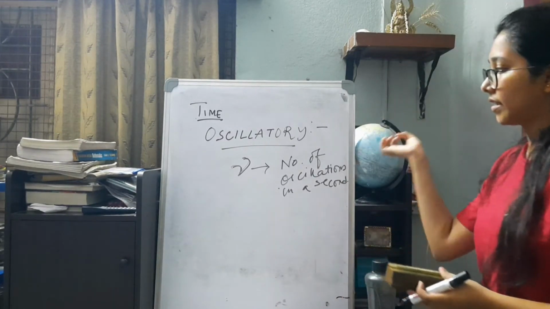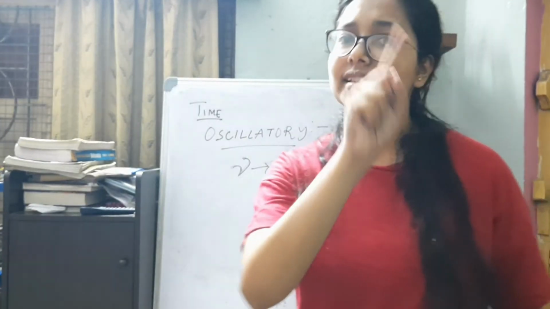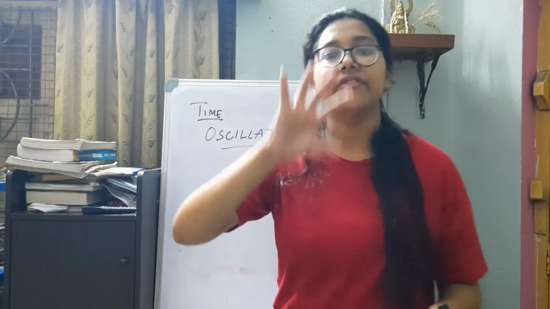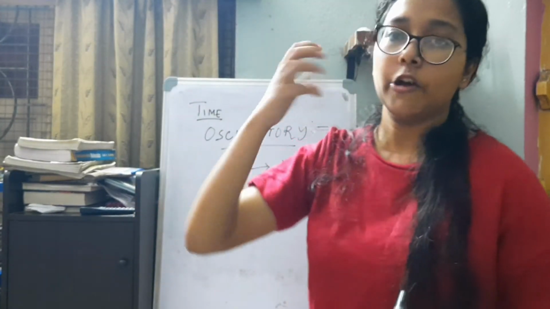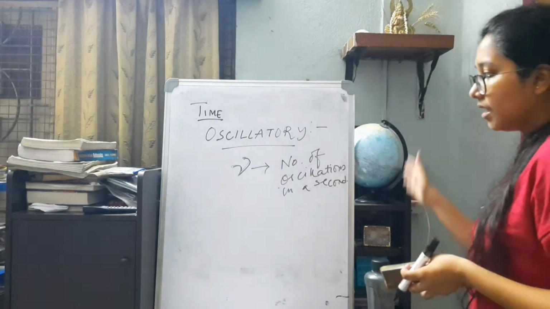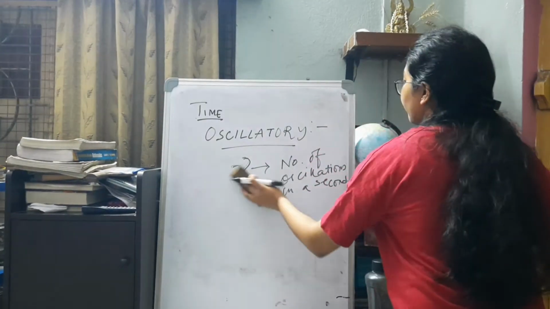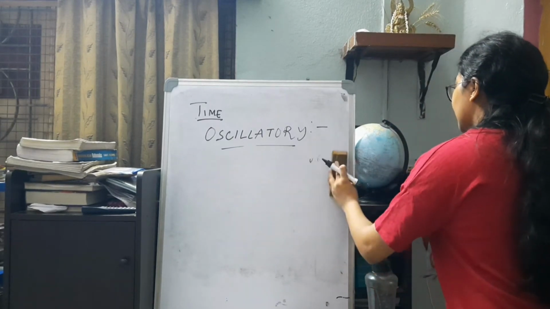If I say 5 oscillations are observed in 1 single second, that means 5 hertz. The unit of frequency is hertz. So 5 hertz is its frequency. This is how the number of oscillations in a second, that is the frequency or the mu value, is calculated.